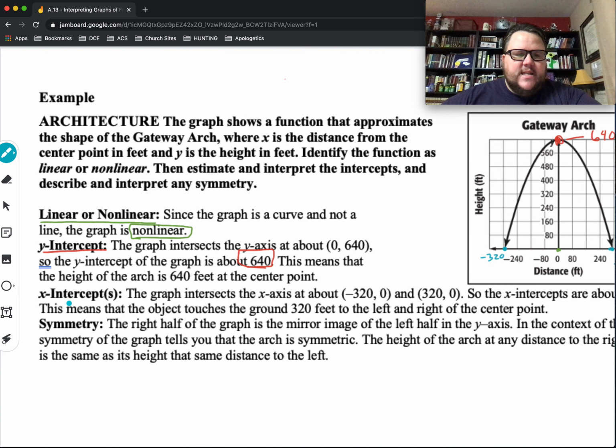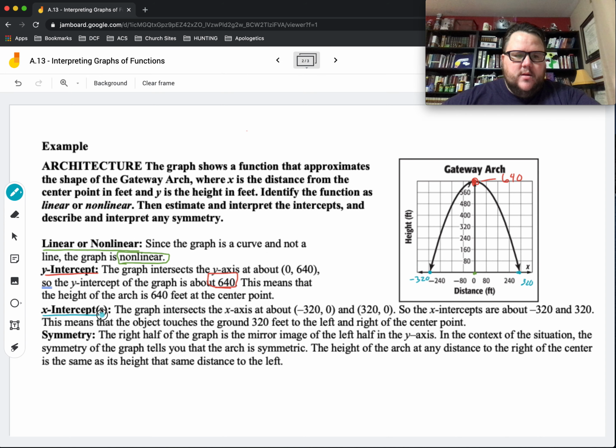So our x-intercepts are negative 320, 0 and 320, 0. If you notice, for x-intercepts the y value is going to be 0, and for y-intercepts the x value is going to be 0.